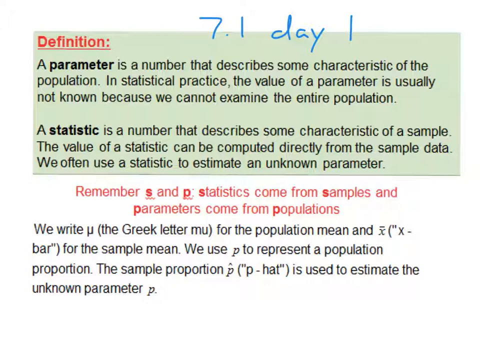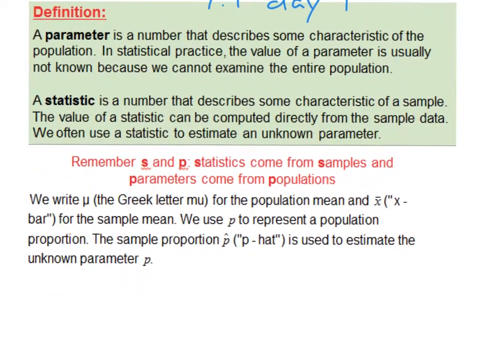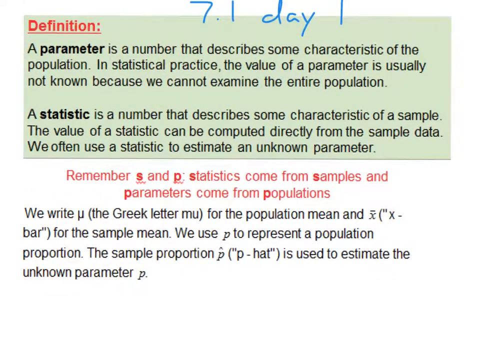Okay? Now we need to be good with some terminology here, because we got to get clear on the difference between a parameter and a statistic. A parameter is a measurement that comes from the population. This part of the definition is key.